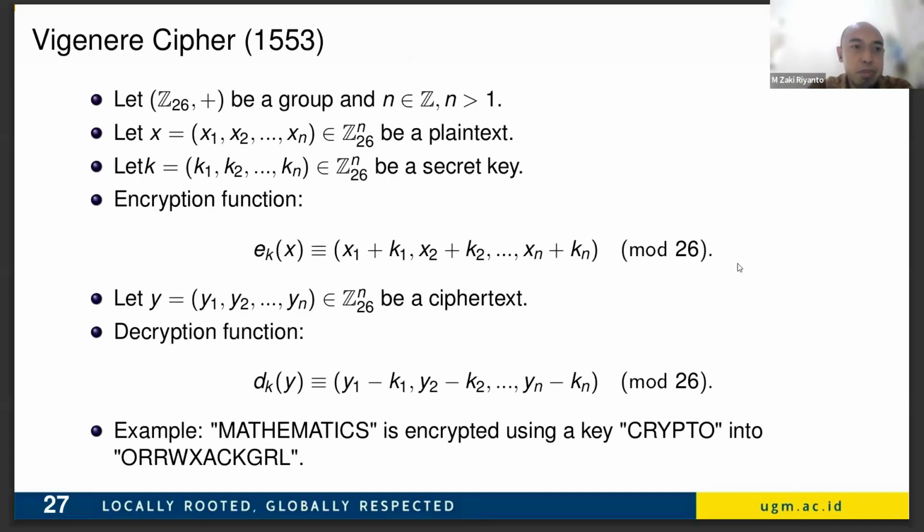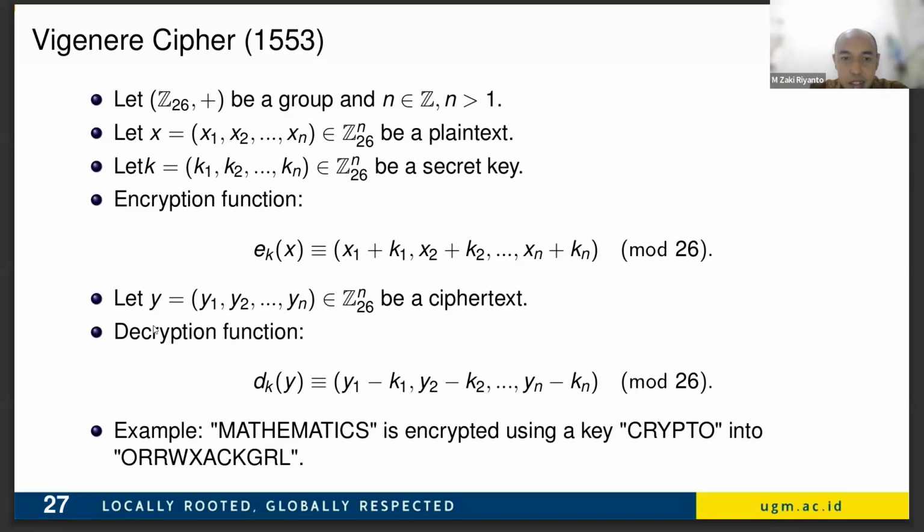Okay, and then I'll introduce the Vigenere cipher. It's like a shift cipher or Caesar cipher, but using blocks. Each block is encrypted using a Caesar cipher, so each block uses a different Caesar cipher.